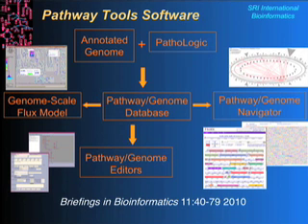So given that input, what our software does is it creates what we call a pathway genome database for that organism that combines the genome information that is its input with new inferred information that the program computes. And once that database has been created, we then have a component of the software called the Navigator that is basically an information querying and visualization tool for navigating through the genome pathway information space.